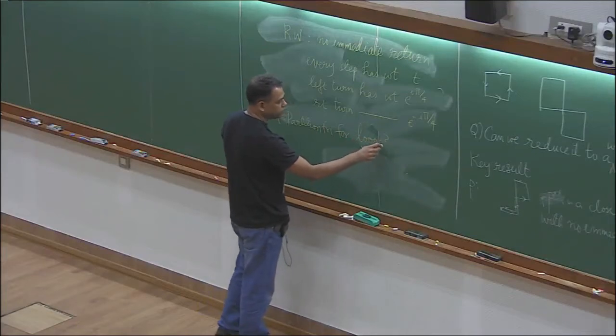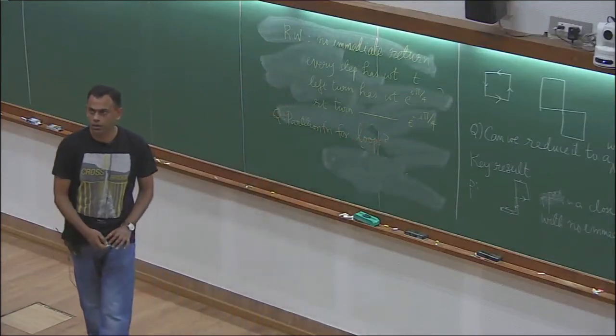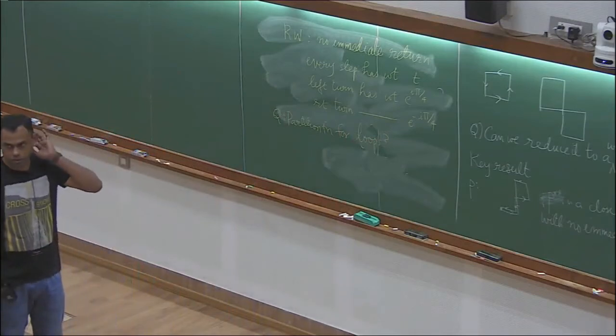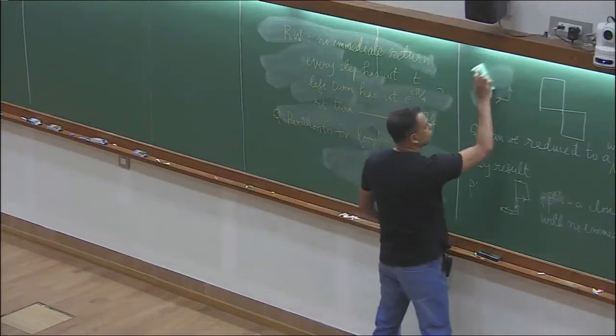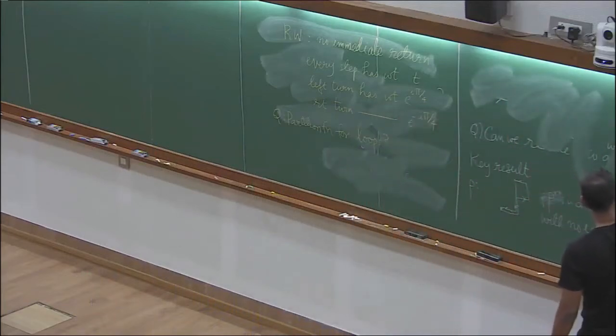Loops meaning random walks that come back to the origin. Okay? This is what we'll try to do now. So to do this, we will use generating functions.